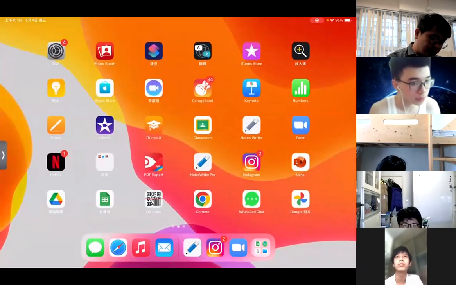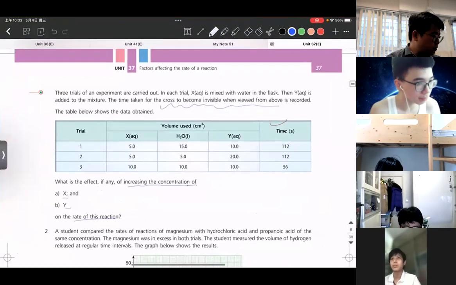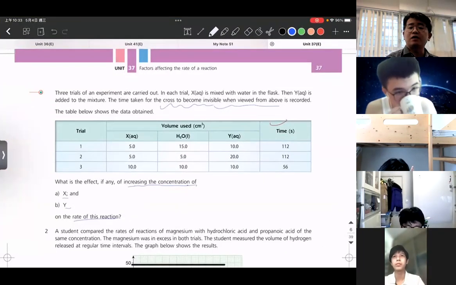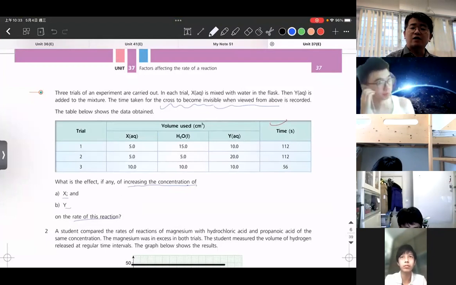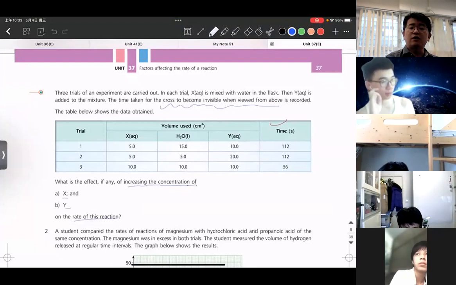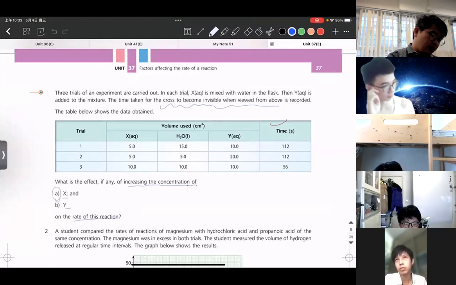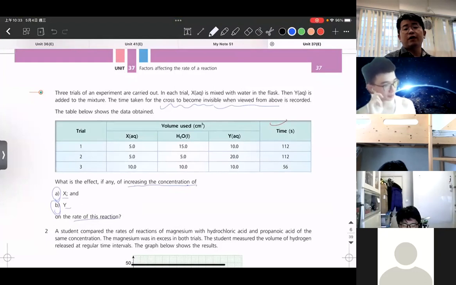Right, it is to find out the pair of the two sets of experiments in which you can get to know there's only the change in concentration of X. That is for A. And for Y, for B part, if you are going to find out the varying concentration of Y, what is the effect on the rate of reaction, you are going to find another pair.